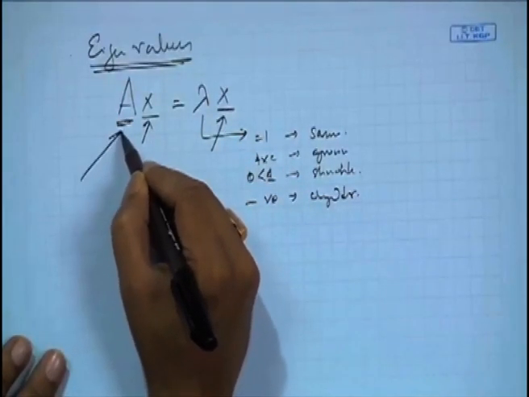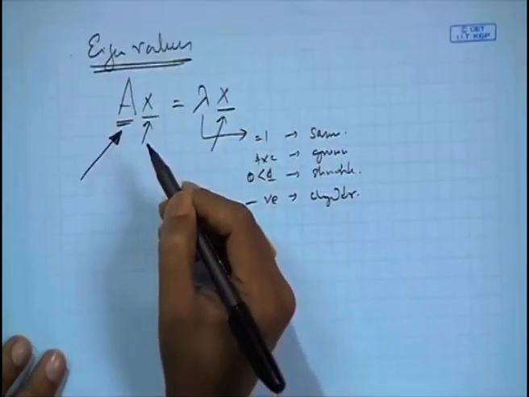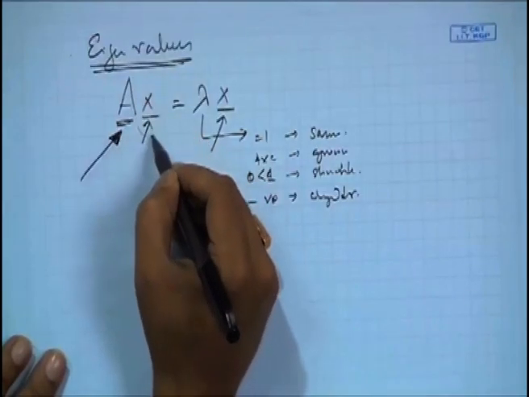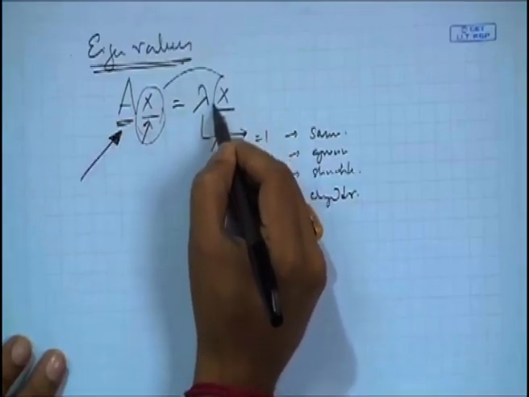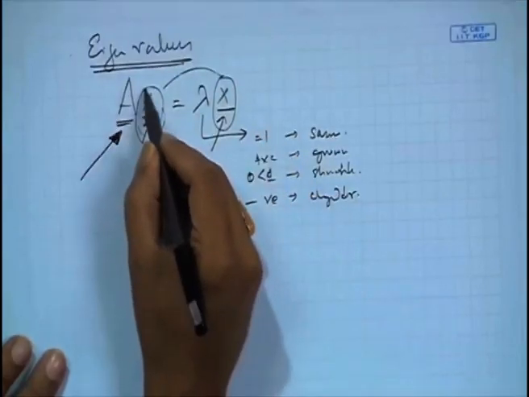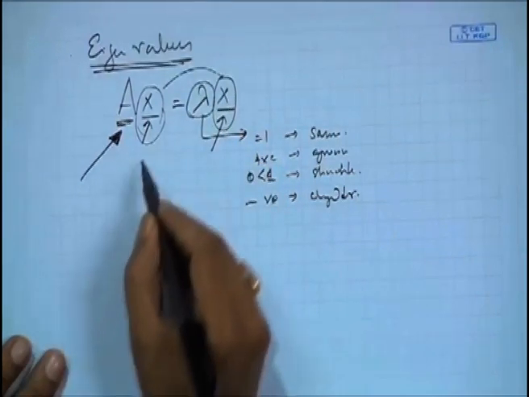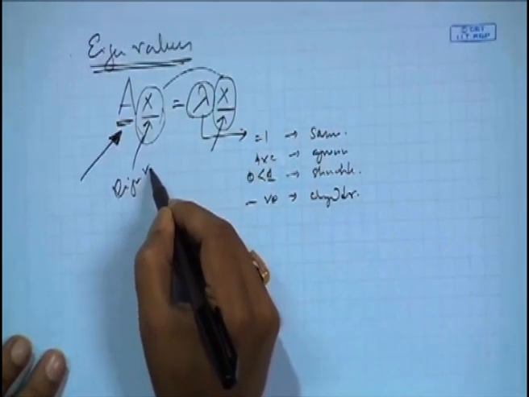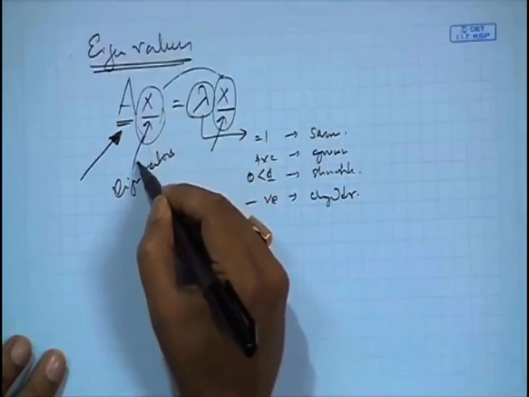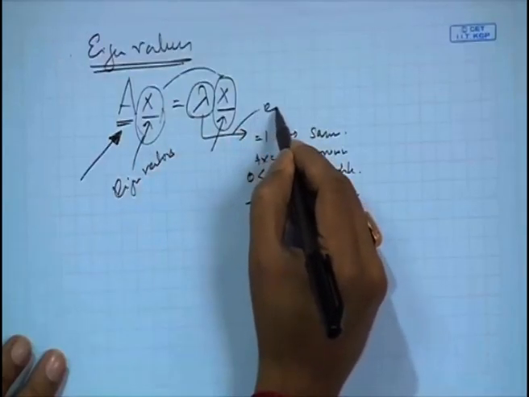So basically, for a given matrix, if we multiply with a certain vector, the vector remains unchanged in direction, and there is a special value along with that. So these are eigenvectors, and along with that we get eigenvalues.